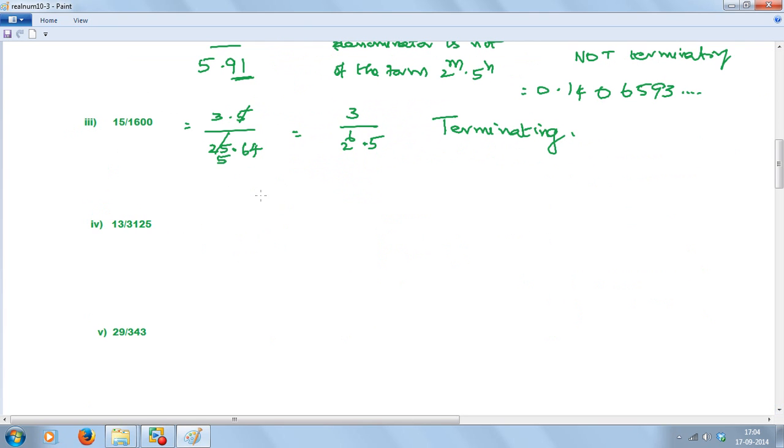So next problem is 13 divided by 3125. So 13 divided by 25 multiplied by 125.